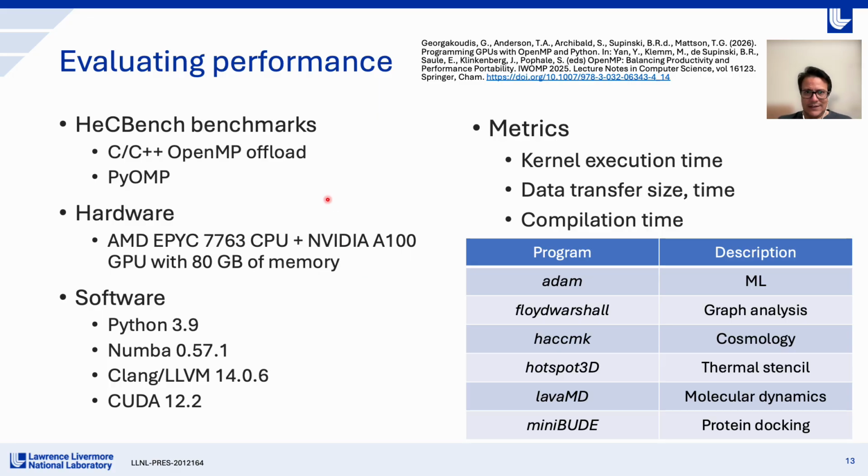The hardware is an NVIDIA A100 GPU and the software is Python 3.9, Numba 0.57.1 based on LLVM 14 and CUDA 12.2. The comparison metrics include kernel execution time that measures code generation quality, data transfers, and JIT compilation latency. We provide more details about those performance measurements in our recent PyOMP 2025 paper.